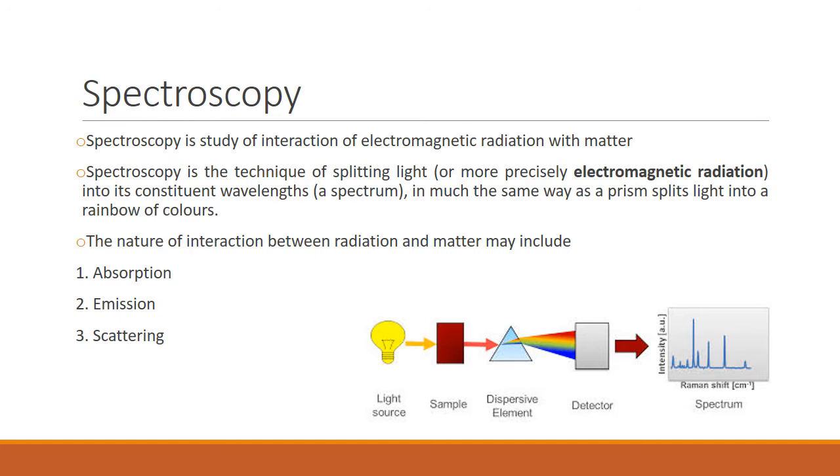Here the basic working principle is shown. You will have a light source, which can be any electromagnetic radiation, as we have a wide spectrum of electromagnetic radiation. It is made to interact with the sample, and there will be some interaction between them, which is recorded by a detector.